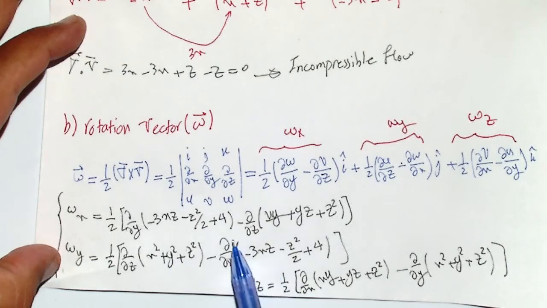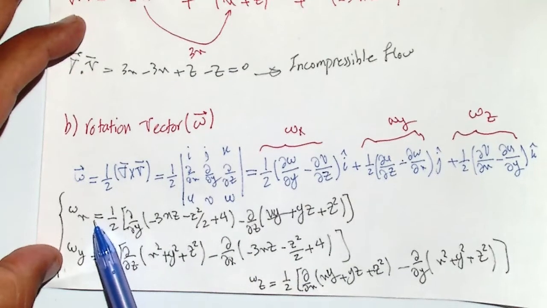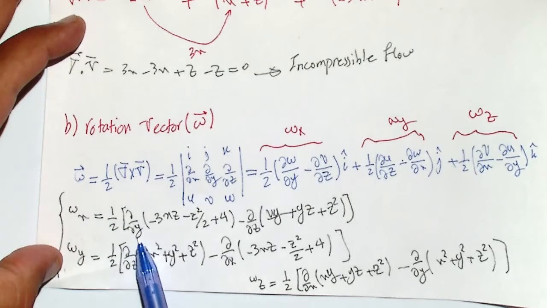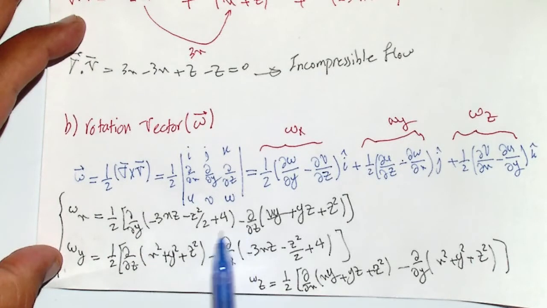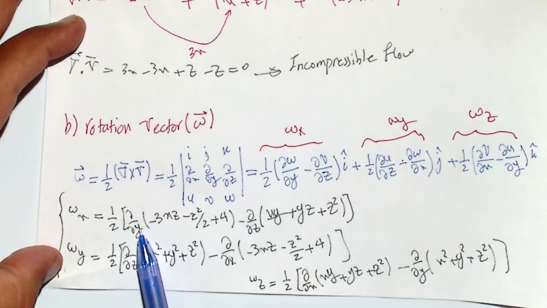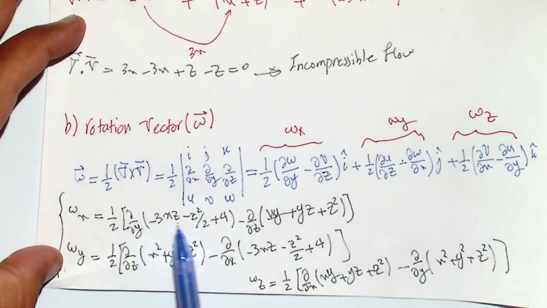And for omega x, when you are doing the calculation, you have to make sure that the partial derivatives are for the other two directions, y and z. For the partial derivative of y you have w, and for z you have v. Here you have z, you have to use u, and for x you have to use w.